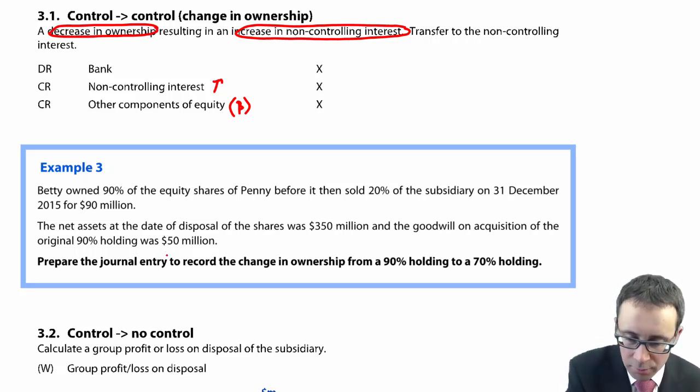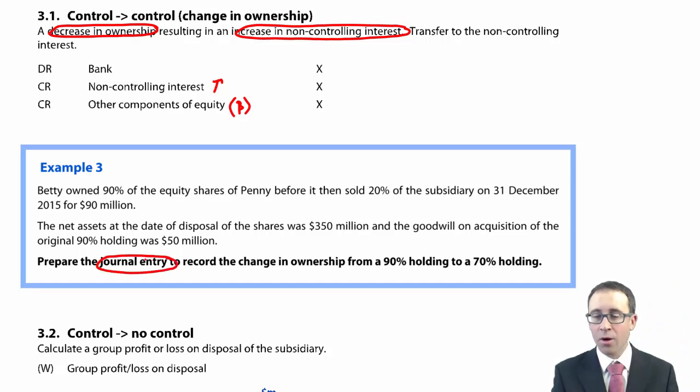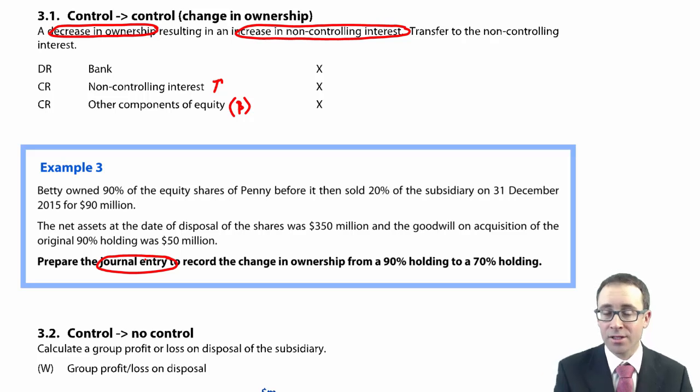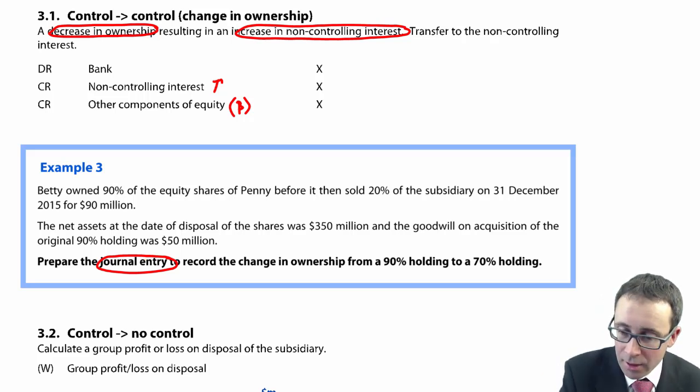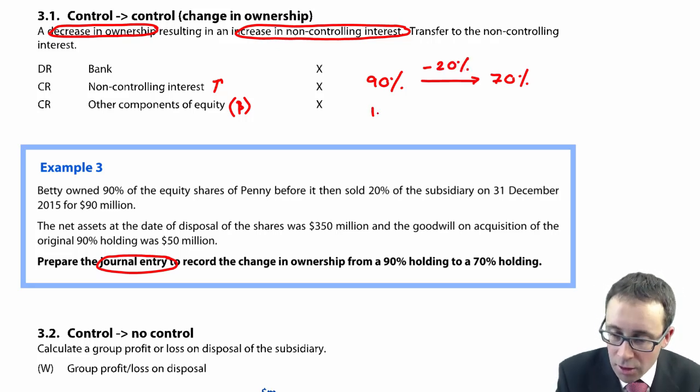It wants us to prepare the journal entry to record the change in ownership from a 90% holding to a 70% holding. So we had 90, we're now going down to 70 because we've disposed of a 20% holding. So we had 10% NCI.